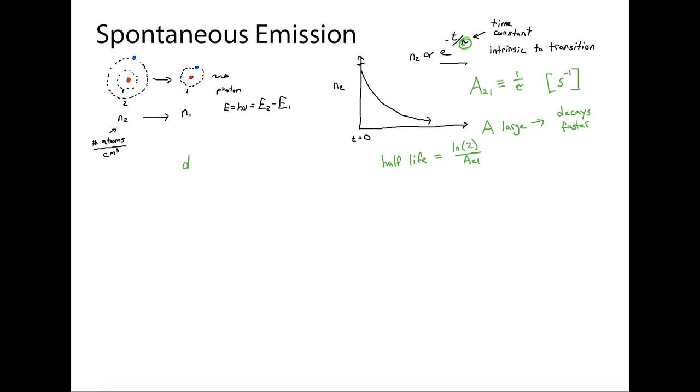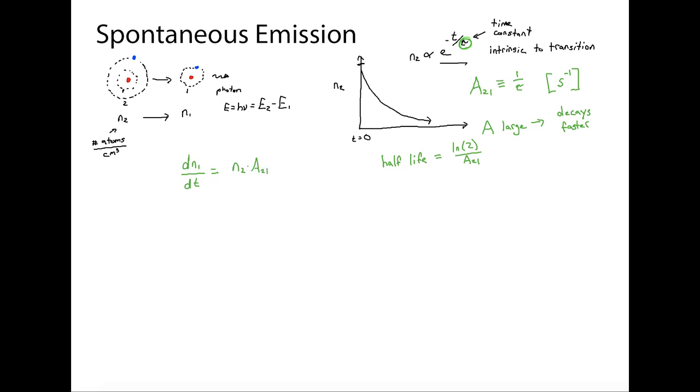For example, the rate of change of the number of atoms in the ground state, the N1 state, with respect to time at any instant is going to be equal to, in the absence of any other processes, just considering spontaneous emission, the number that are in the excited state times A21.